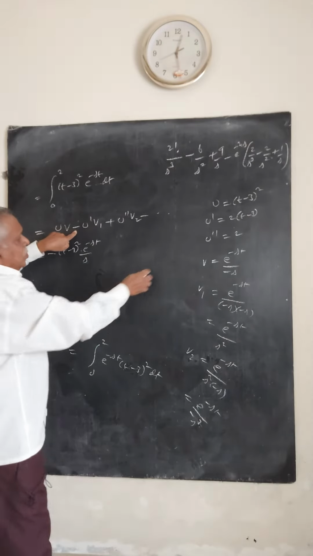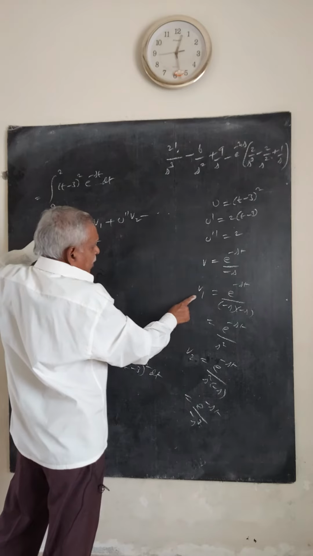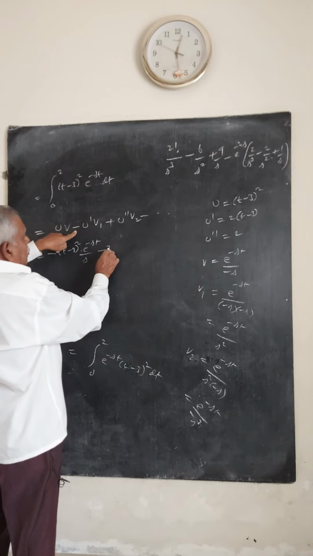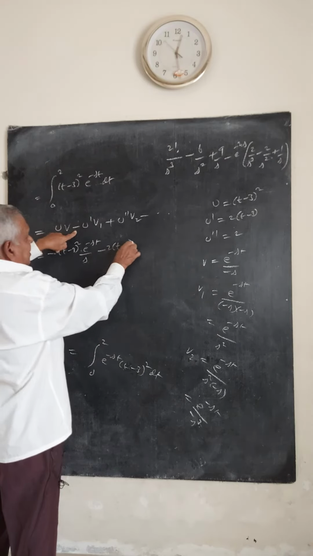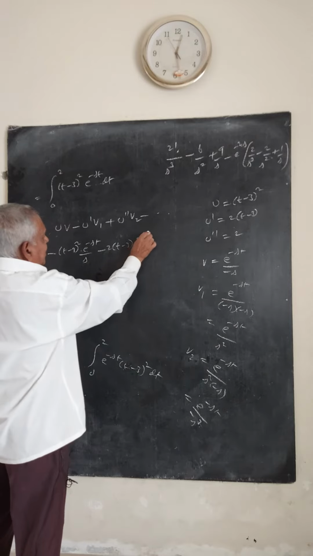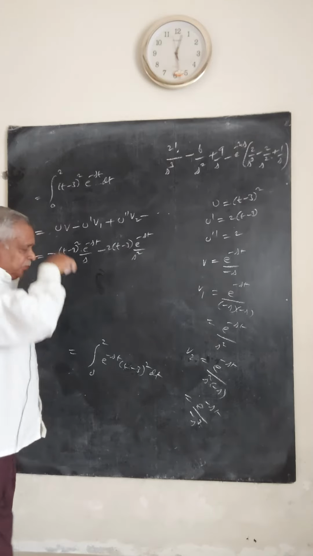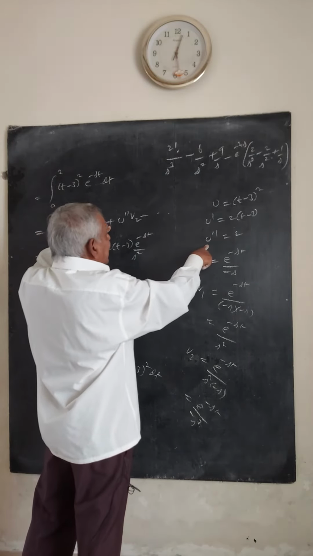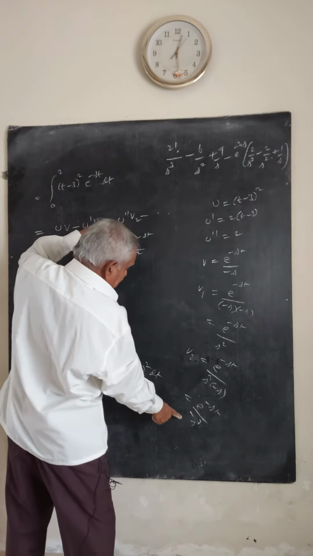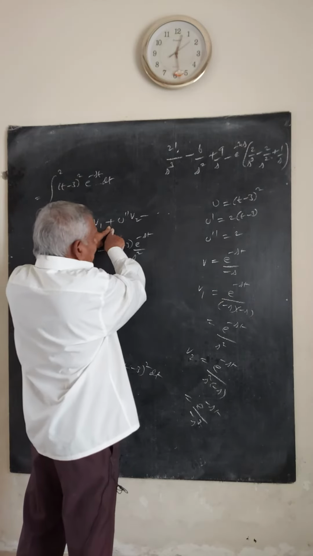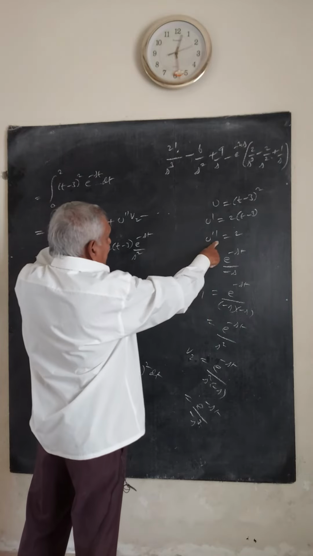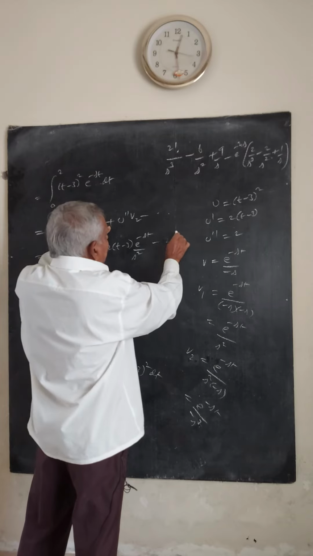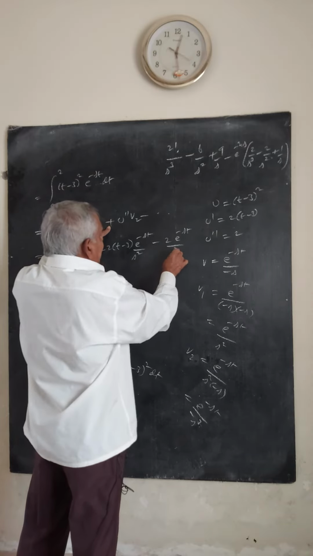Second term: the sign is negative, u dash is positive, v1 is positive, therefore minus 2 times (t minus 3) e power minus st by s square. Third term: u double dash is 2, the sign is positive, and V2 is negative, therefore minus 2 e power minus st by s cubed.